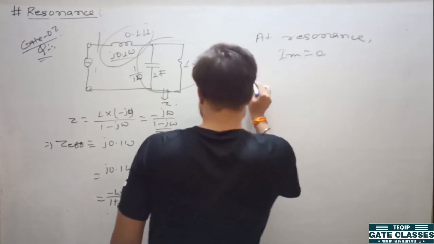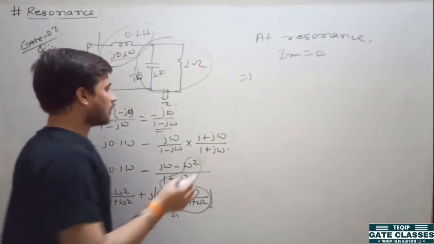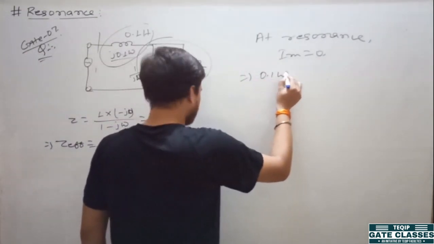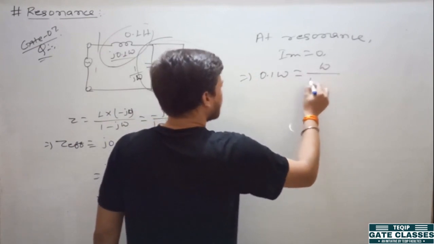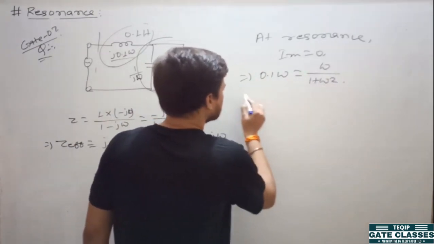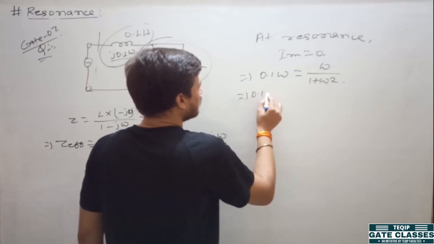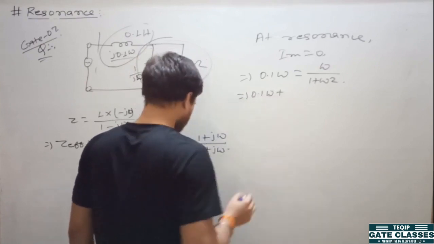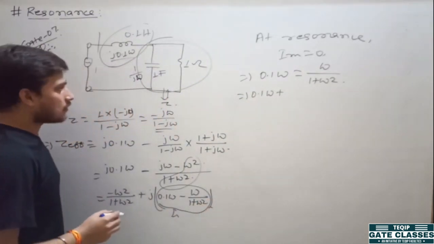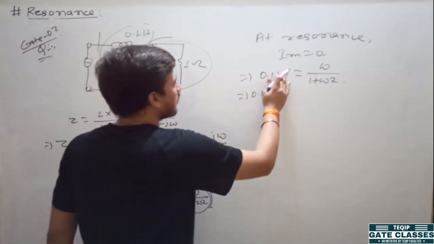That means 0.1 omega will become equal to omega upon 1 plus omega square. That means 0.1 omega plus 0.1 omega cubed equals omega. So here you see omega is being cancelled.